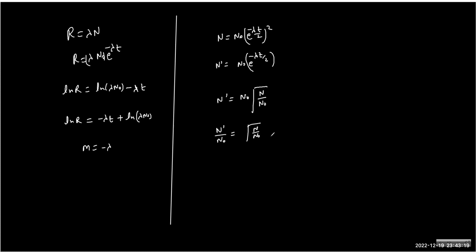N by N naught under root. That's it. Anyway, this is something you all can do. 31. All are manipulation. You can do it as fast as possible. Please solve all questions. We will practice enough.